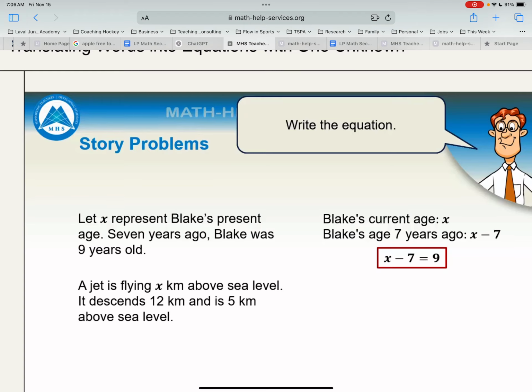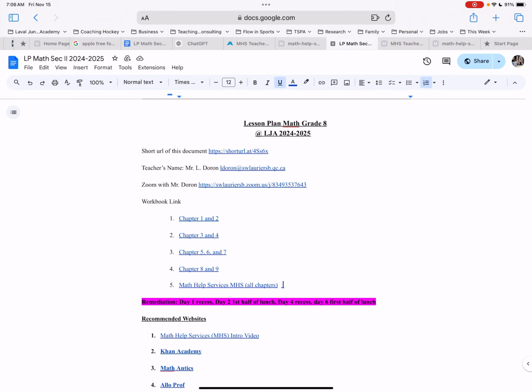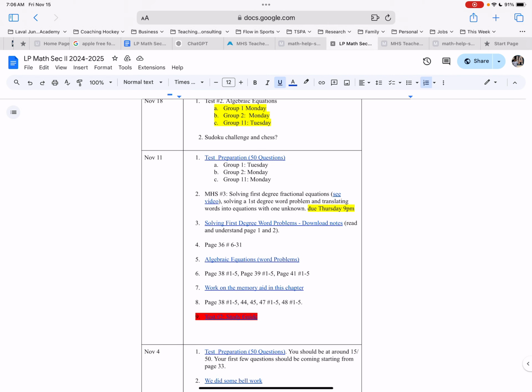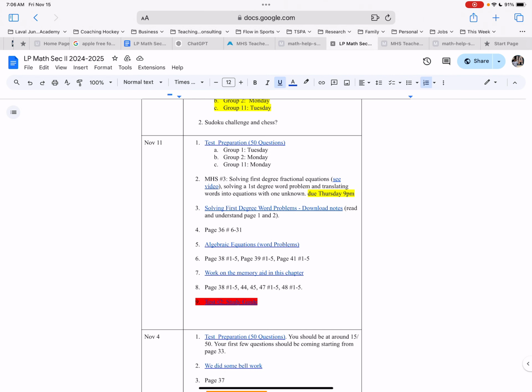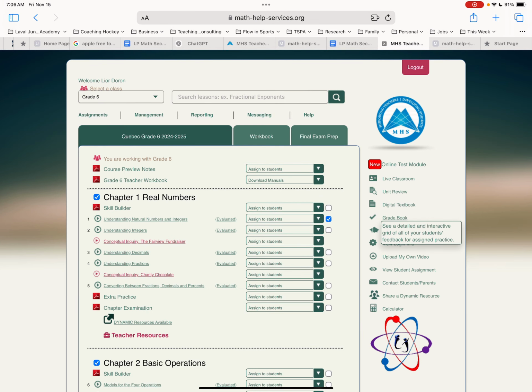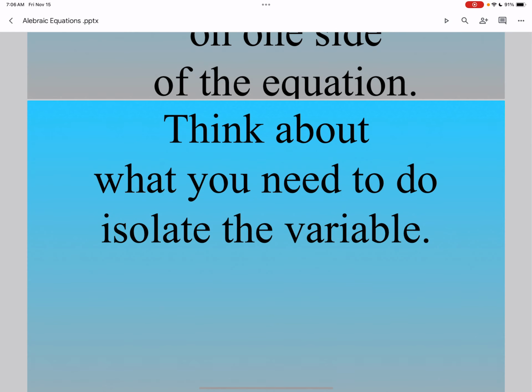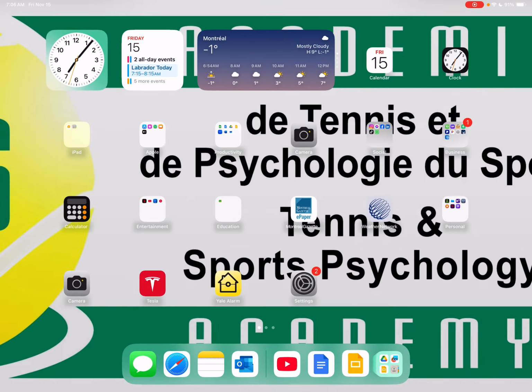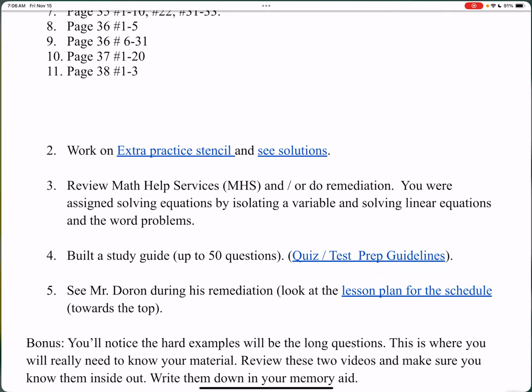Now, speaking of digging in and doing, there were some examples of what to do. For example, page 38, 1 to 5. So you go to page 38, 1 to 5. Let me see if I can find it somewhere. I thought I had it somewhere. Please bear with me. Page 38, 1 to 5.